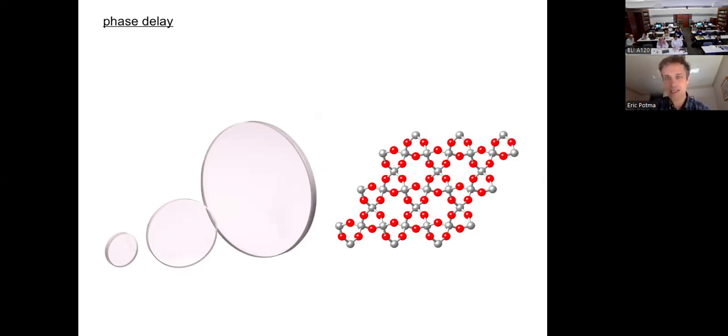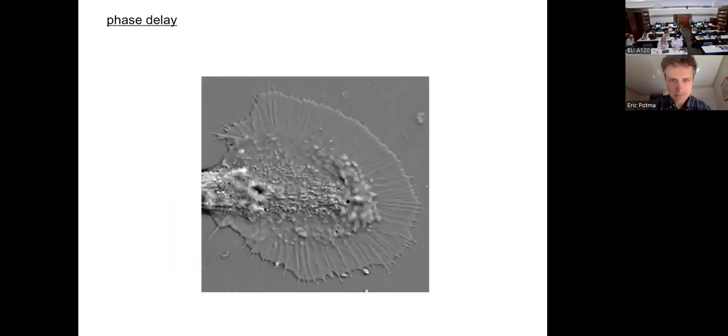So it's basically this light matter interaction that is responsible for this effect. Now, the phase delay is actually extremely powerful, and I must say that phase delays have seen a new renewed interest within the community because it's so simple to do, and there's actually a lot to learn.